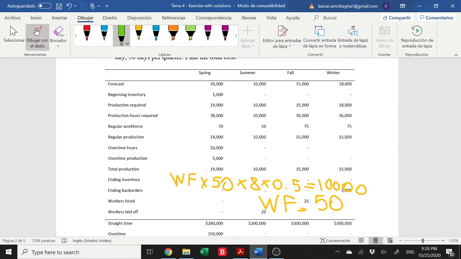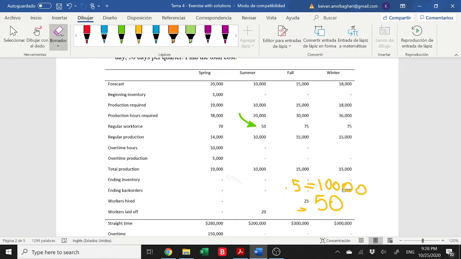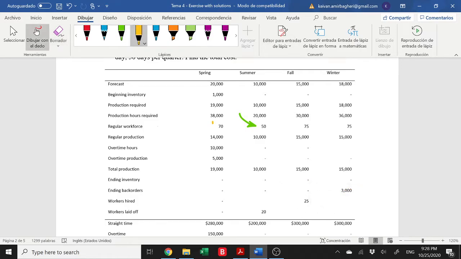The one that you see here in this part. Let me clean this part. But finishing our spring, how many workers do I have? 70.